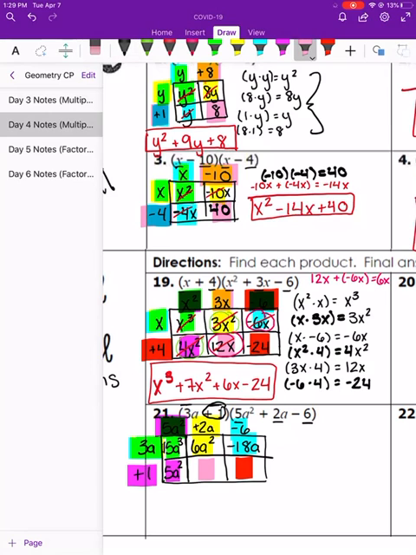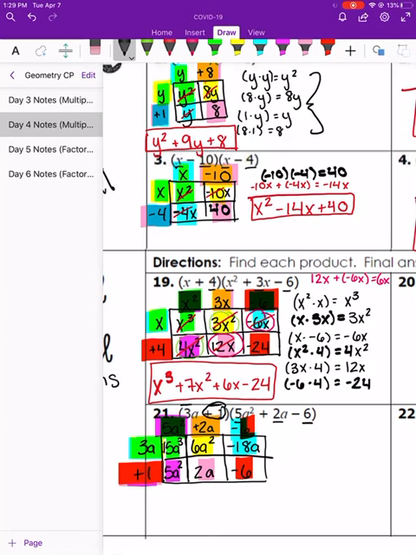Then I'm going to have my pink one, which is going to come from 2a and 1. So 2a times positive 1 is just 2a. And then my last one is going to come from this negative 6 times this plus 1, which is negative 6.